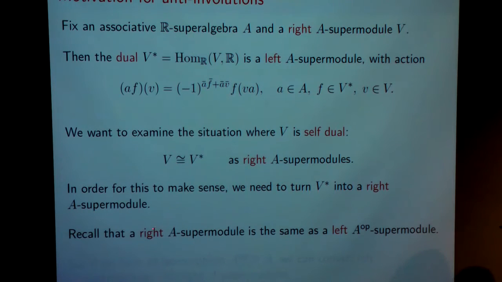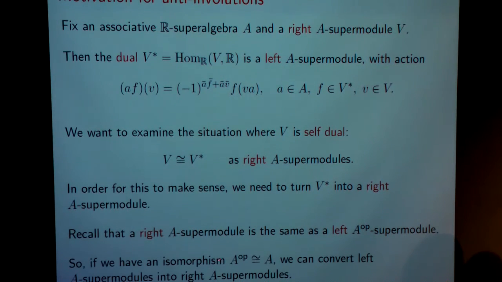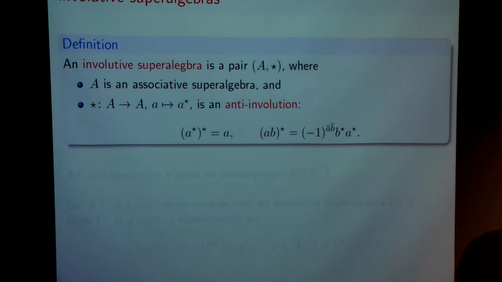So if we have a right A supermodule, that's the same as a left supermodule over the opposite superalgebra. So if you have an isomorphism between the opposite superalgebra and your original superalgebra, you can convert left modules into right modules, or supermodules into supermodules. So that's what we'll do.